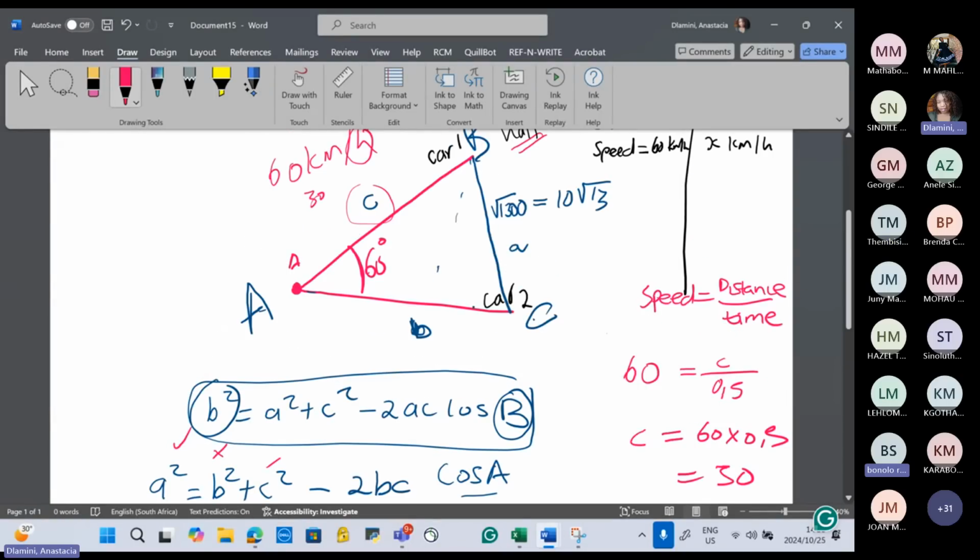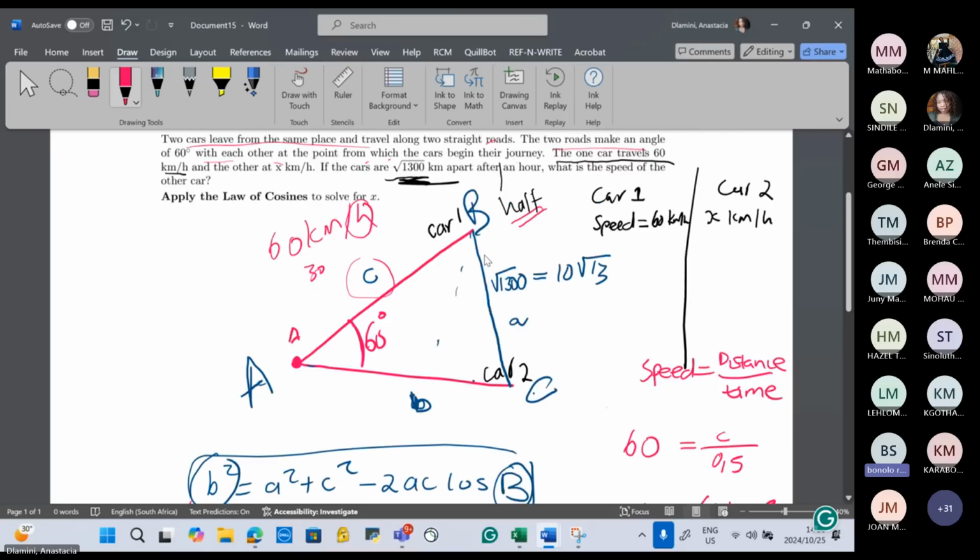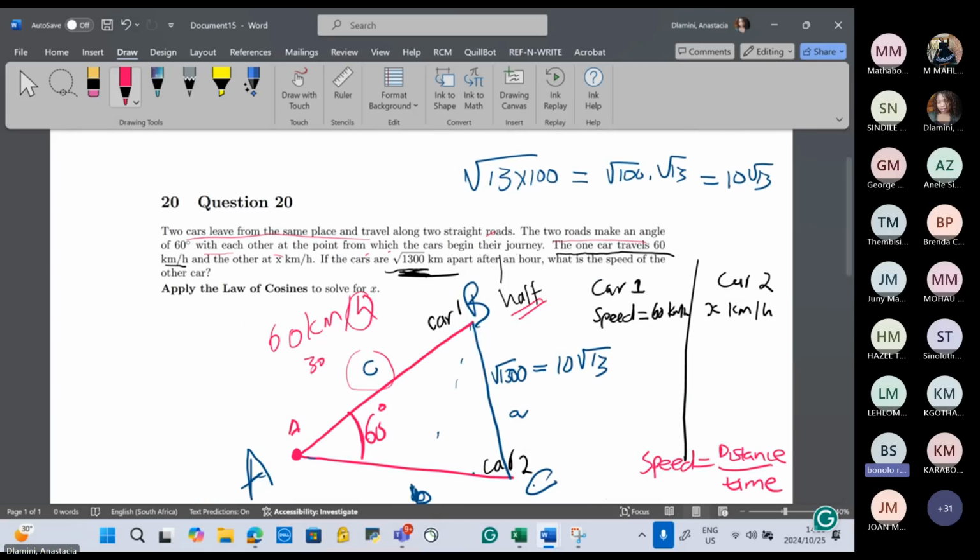Ma'am, can you repeat why we have half an hour? I don't understand the time. If the cars are this far apart after half an hour, meaning they say these two cars are 10 square root of 13 kilometers away from each other after traveling half an hour, from here to here it took them half an hour.